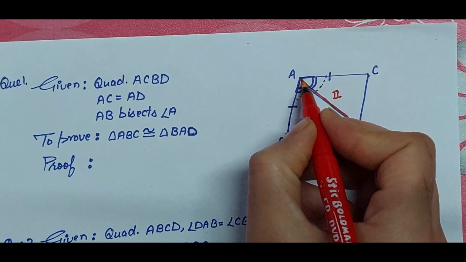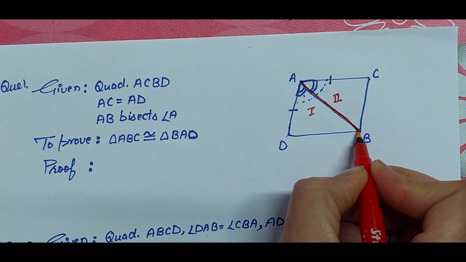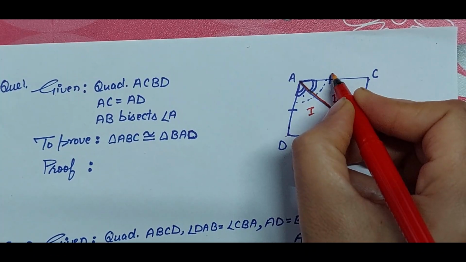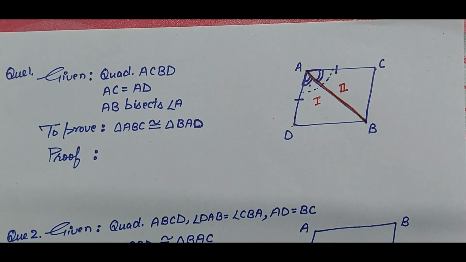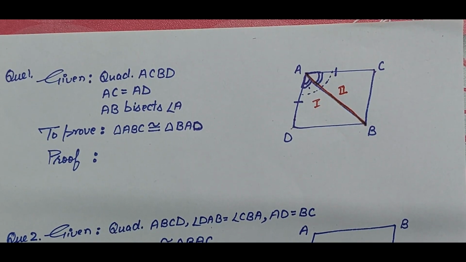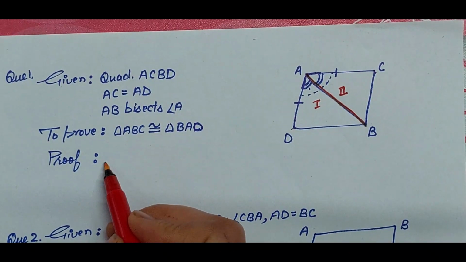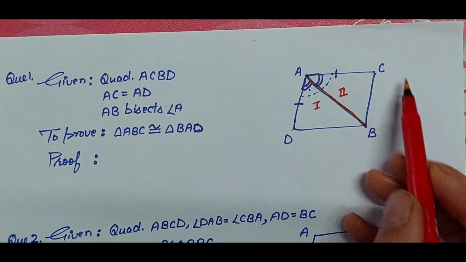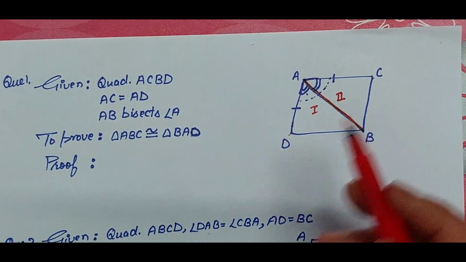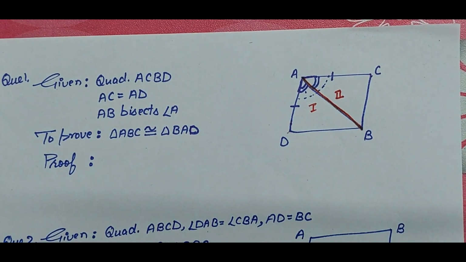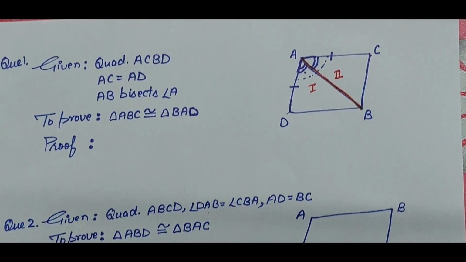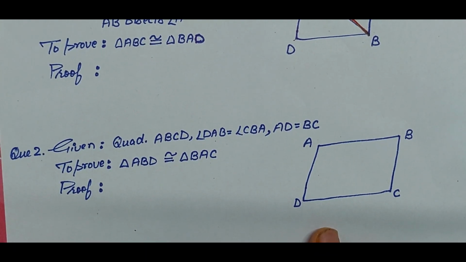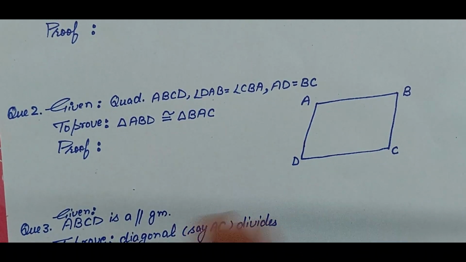So the three equalities here are 1, 2 and the third is the common arm. This is what I asked you to highlight. I didn't ask you to do the proof, because once you are through with this procedure, the proof is just a game of seconds.